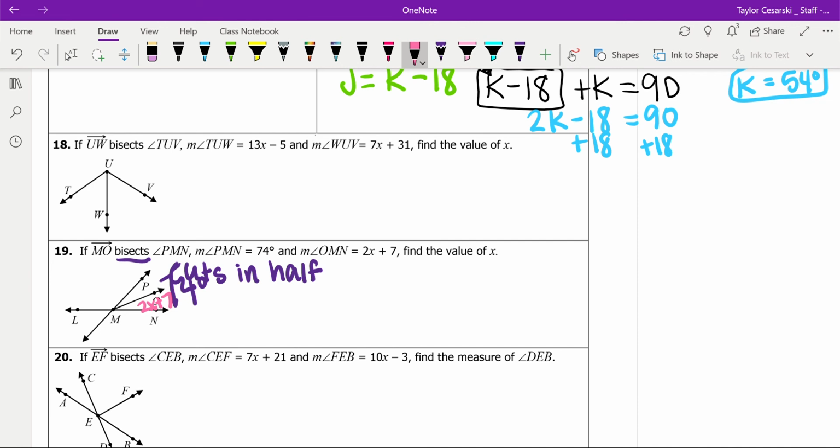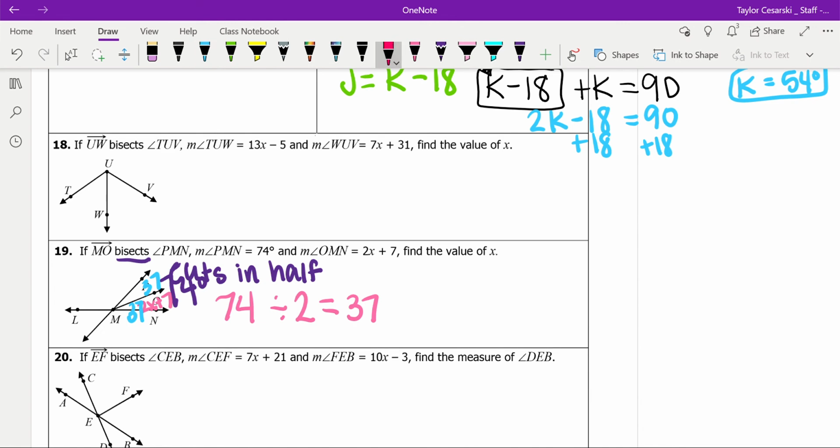Okay, there's a couple different ways you can approach this. If the big angle is 74 degrees, half of it, I can take that 74 and divide it by 2, and I get 37. So both of these pieces should be 37 degrees because they're equal. The top part and the bottom part should both be 37.